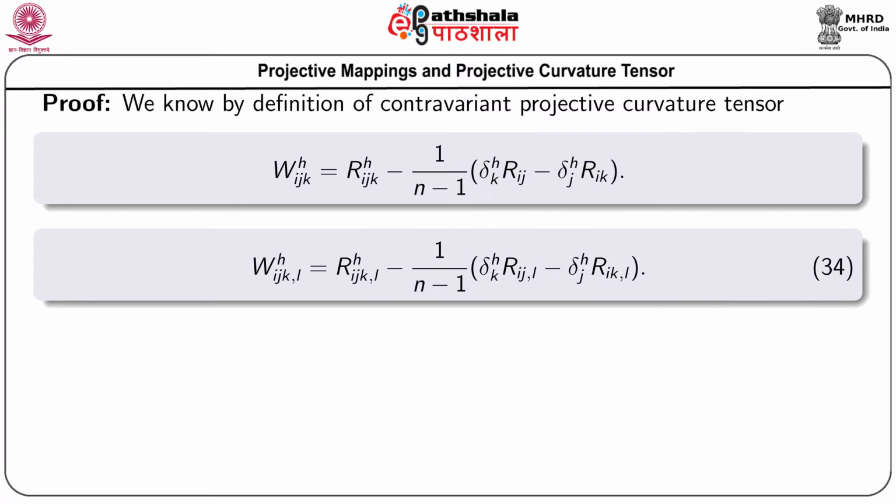Now, from the definition of the contravariant projective curvature tensor, we have this expression. Now, taking the covariant differentiation on both sides, we get W^h_{ijk,l} equals R^h_{ijk,l} minus 1 by n minus 1 [δ^h_k R_{ij,l} minus δ^h_j R_{ik,l}], as the Kronecker delta behaves as a constant for covariant derivative.